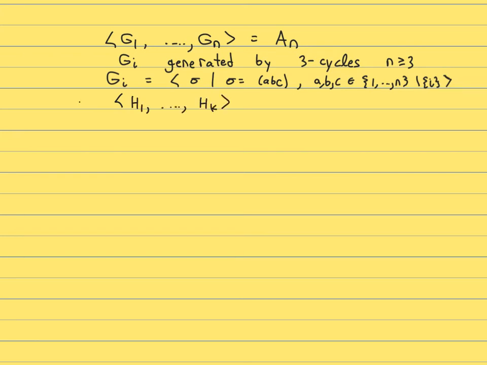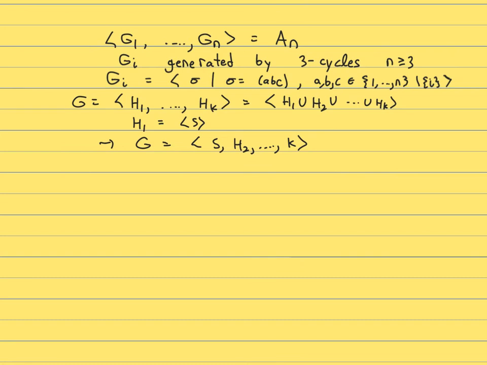Suppose that you have a group generated by a bunch of subgroups, and H1 is generated by a set S. I'm sure you can guess that you can replace H1 with S. It's worth pointing out that technically what this phrase means is that you're taking the union of all the elements of these subgroups.